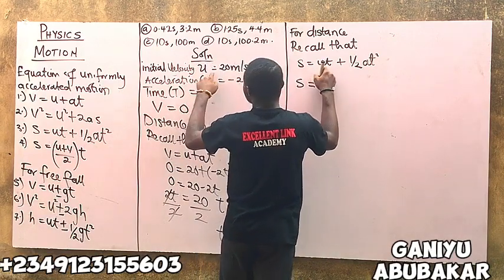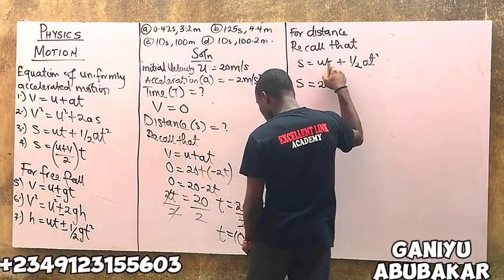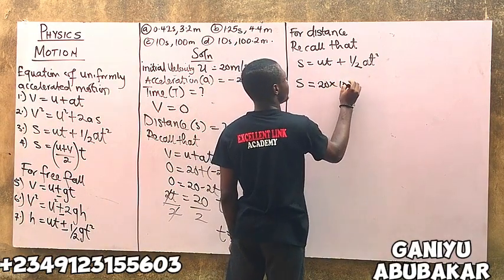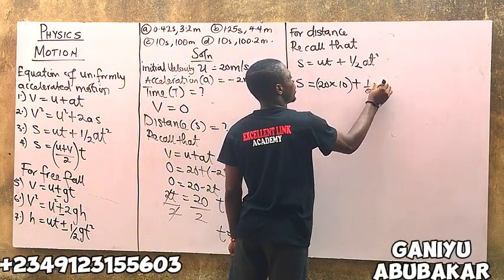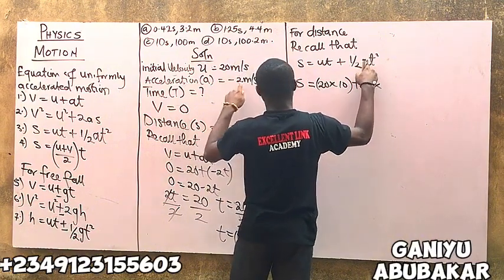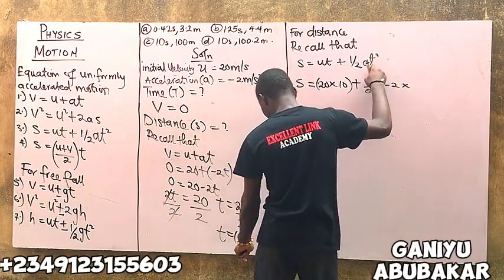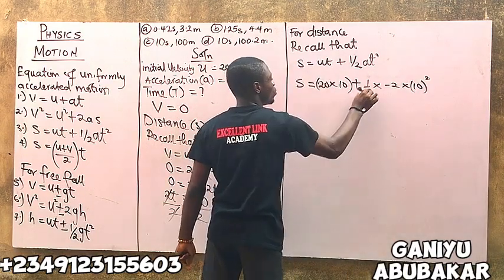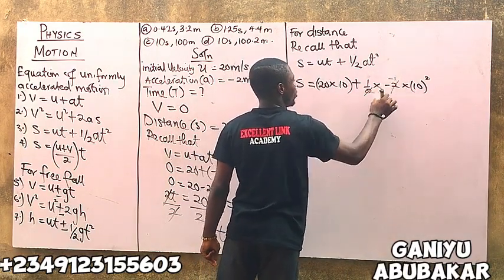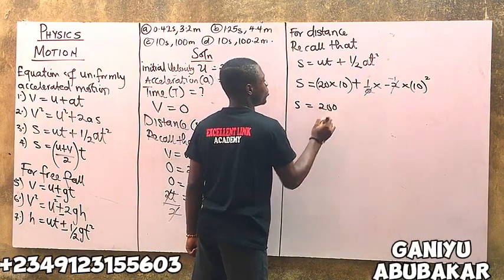U is 20, multiplied by time, which is 10, plus 1 over 2 times acceleration, minus 2, times T, which is 10, all squared. So 2 cancels 2, left with minus 1.